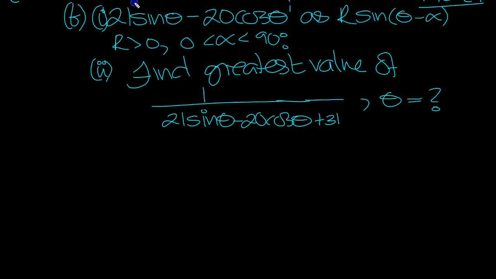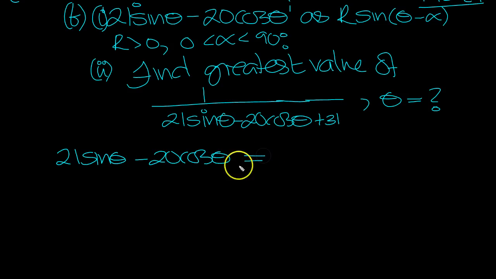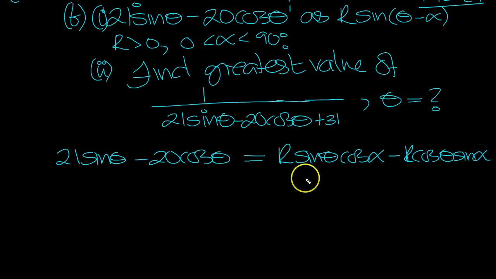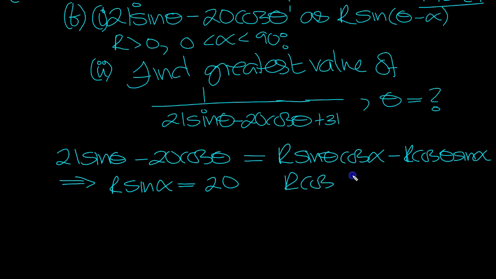Okay, we got this. Express this as that. So 21 sine theta minus 20 cosine theta is equal to R sine theta cosine alpha minus R cos theta sine alpha, so that tells us that R sine alpha is the number of cosines, 20, and R cosine alpha is equal to 21.